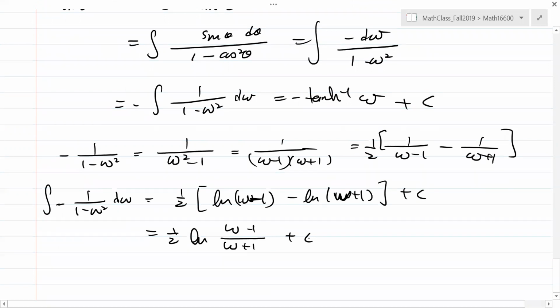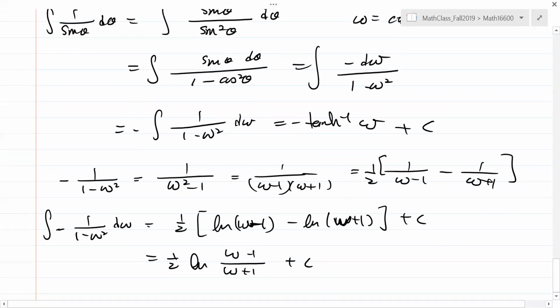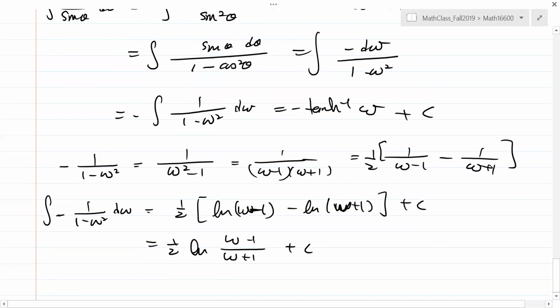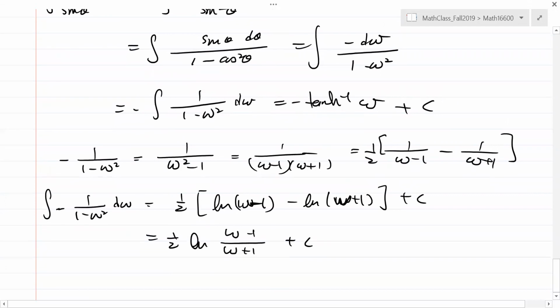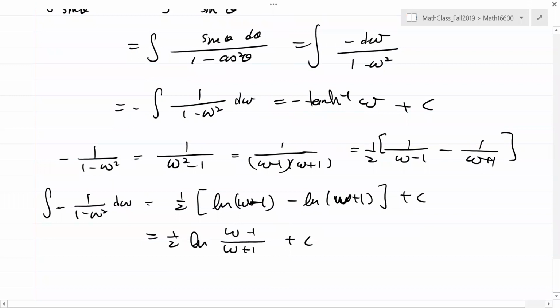This is actually the same as arctangent; there's another elementary formula for the inverse of arctangent w. So we get the integral of this, and either way works, it doesn't matter which one you use. Using natural log is maybe better.